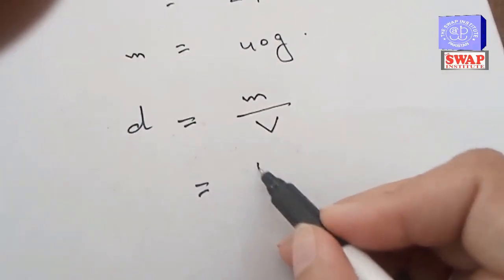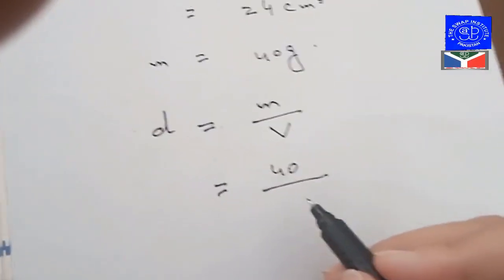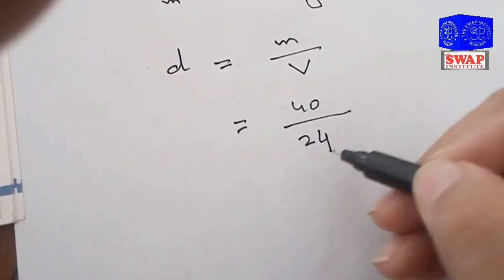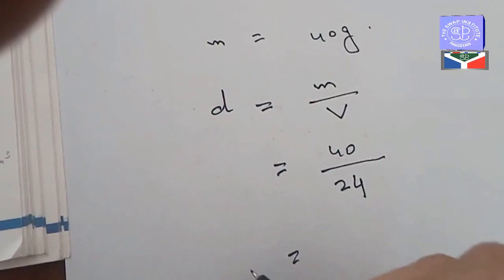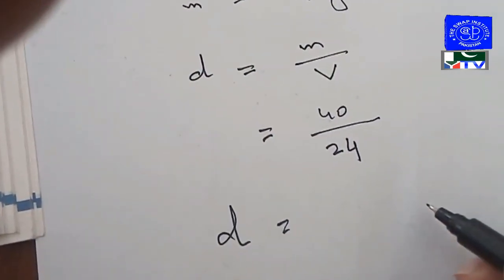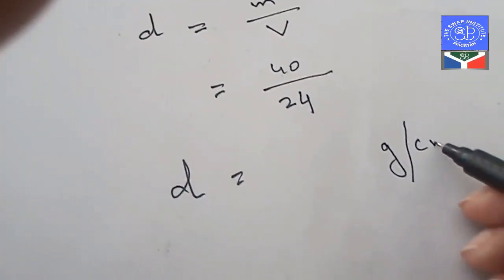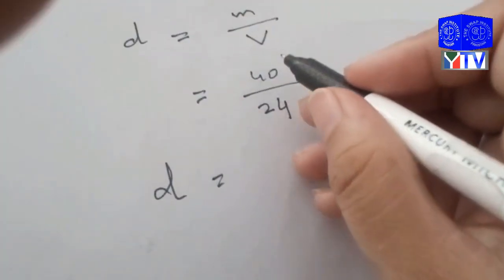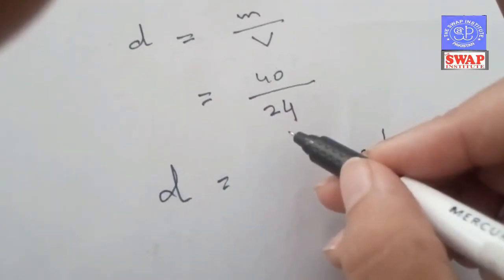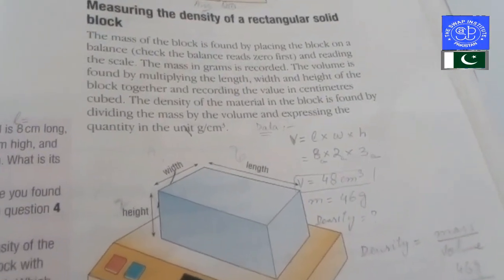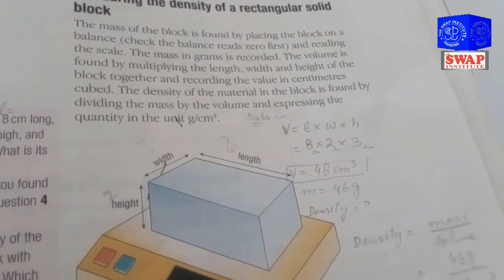Mass is equal to 40, volume is equal to 24. Simply by dividing these two figures, you will find the density, and the unit of this density will be grams per centimeter cube, as these amounts were in grams and centimeter cube. In this way, we can find the density of any rectangular solid block very easily.